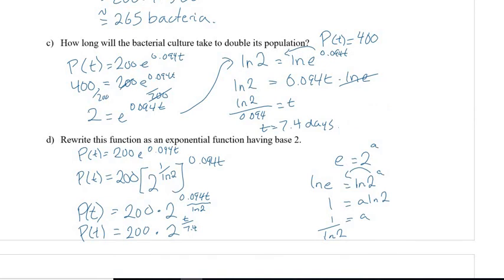Because now, if t is 7.4 days, that exponent is going to be 2 to the power of 1. If we have 14.8 days, that's going to be 2 doubling periods, so it's going to be 2 to the power of 2, and so on and so forth.